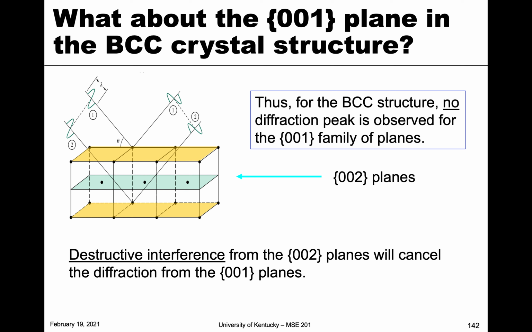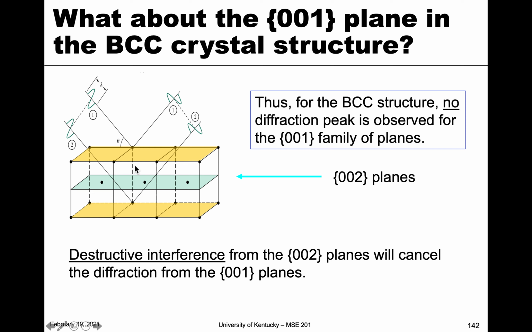Therefore, if we do the same experiment at the same angle, what we see is that the body-centered cubic structure doesn't have a diffraction peak for the 001 because it always gets canceled out by the 002. So the placement of the additional atom there causes destructive interference, and so that basically makes that 001 diffraction peak extinct. So that's why we call it extinction rules.